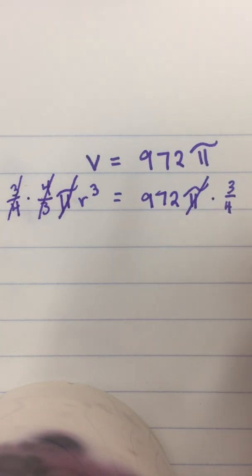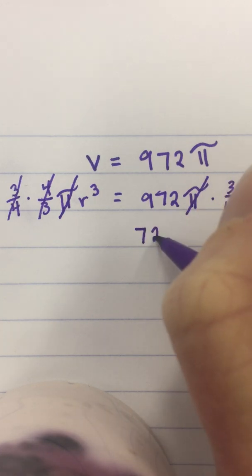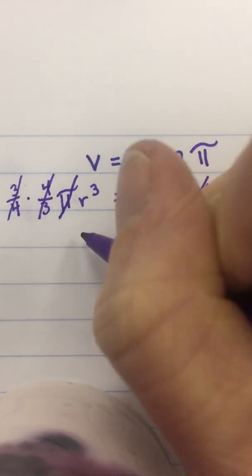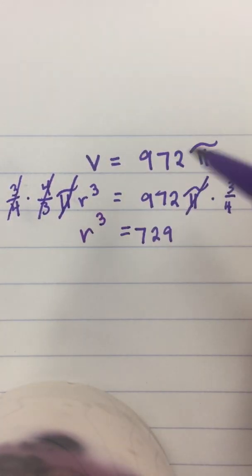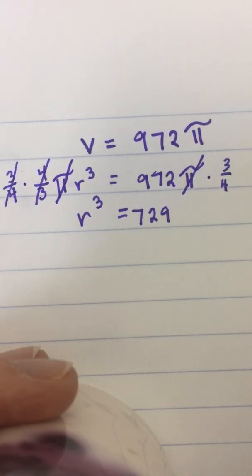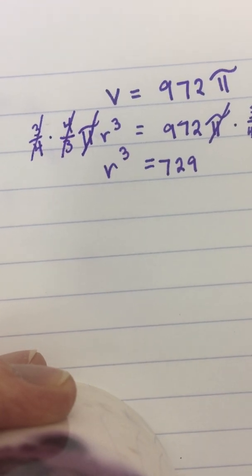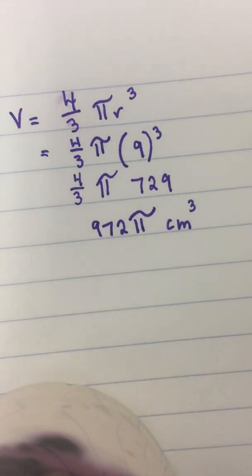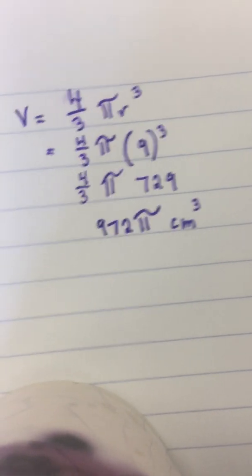And that is going to give us 729. But we still have r to the power of 3 over here, and we need to take the cube root of r cubed and the cube root of 729 to get r alone. So what we need to look at is how on the calculator to do that. And y'all may already know this, but I bet some of you don't.